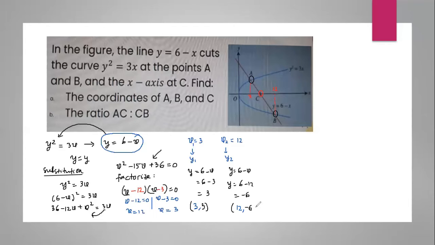Here is minus 6 and here is 3. So the coordinates are 12, comma minus 6 and 3, comma 3.